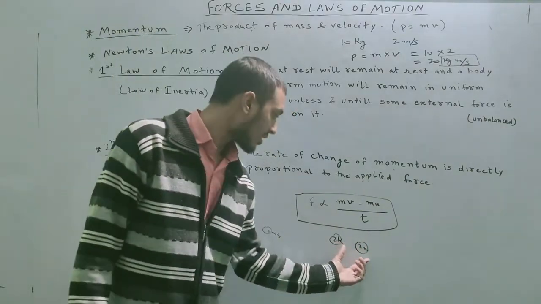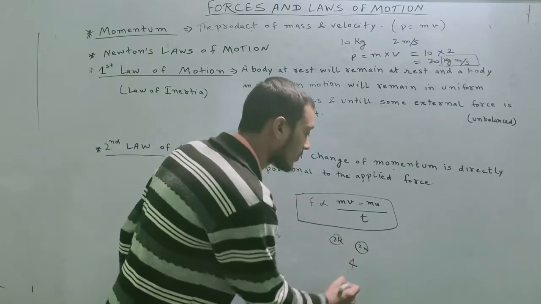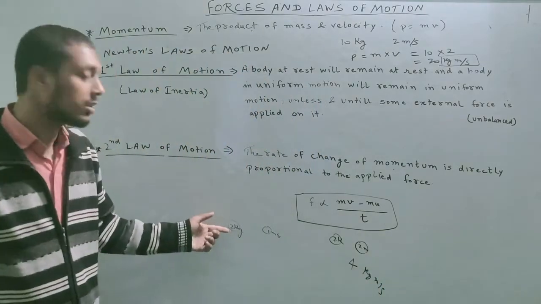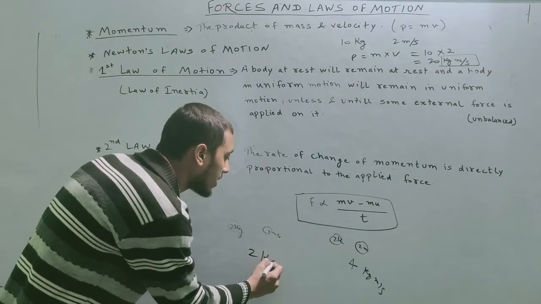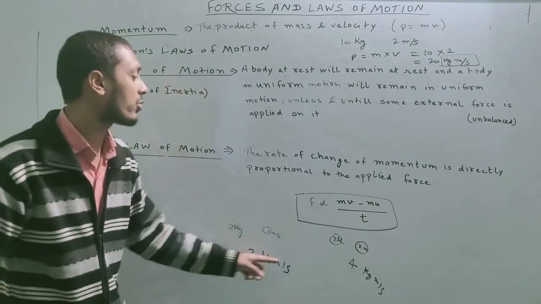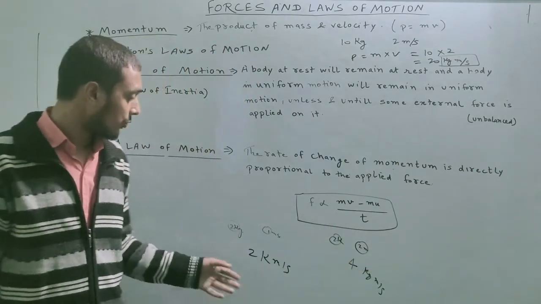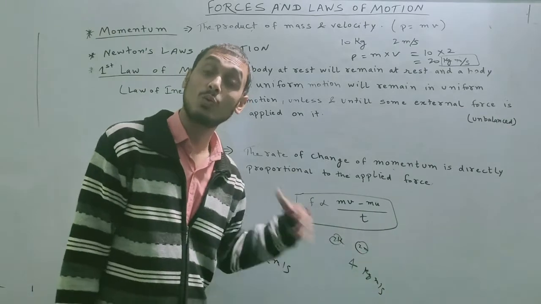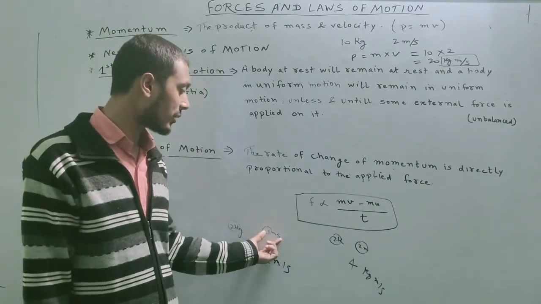Then in this situation, what is the momentum? It is 4 kg meter per second. Here the momentum is 2 kg meter per second, and after 1 second, 4 kg meter per second. From this example, we see that momentum changes when the velocity changes. See, the velocity is 1 meter per second here.